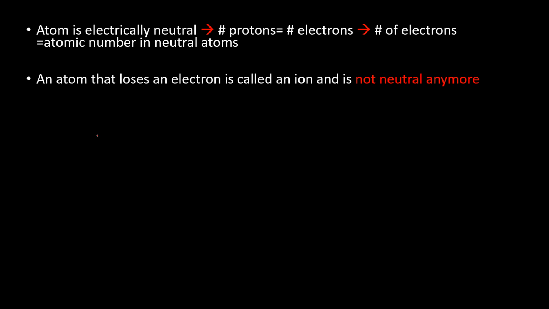Now, atoms are normally electrically neutral. That is, they have no net charge. Because protons are positive and electrons are negative, the number of protons must equal the number of electrons to cancel out all the charge in an atom. So the number of electrons also equals the atomic number.